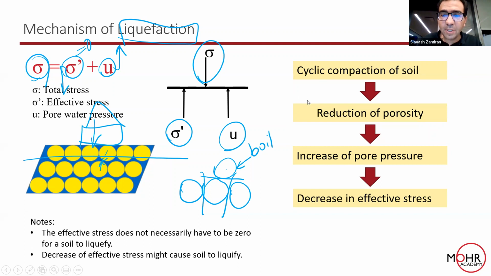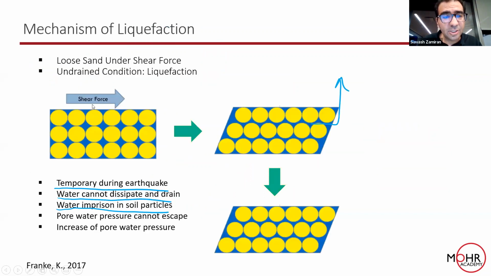The second note that we want to mention is that the cyclic shear applied to the soil is not the direct component that causes the increase of the pore water pressure.